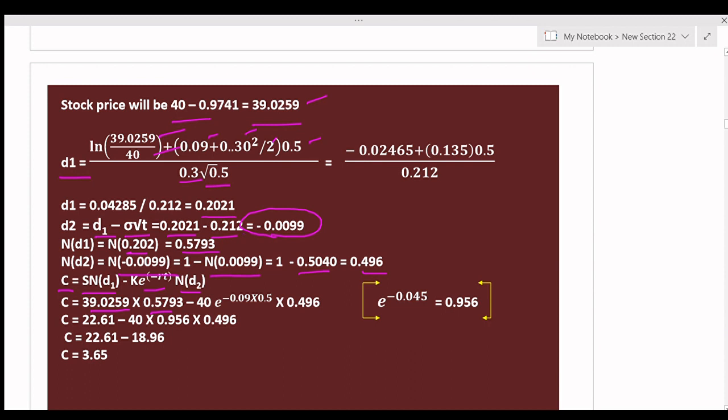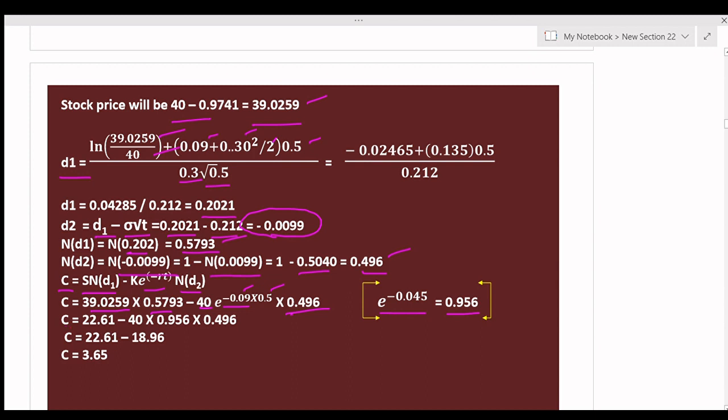Here it is 0.5793, minus K, 40, into e to the power minus RT. R is 0.05, T is 6 months, into N(d2), that is equal to 0.496, and e to the power minus 0.09 into 0.5 is equal to e to the power minus 0.045, it comes 0.956.